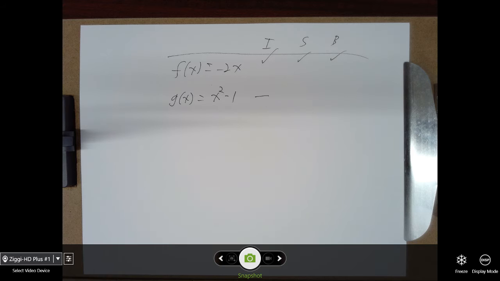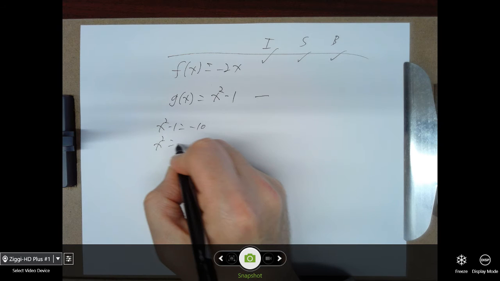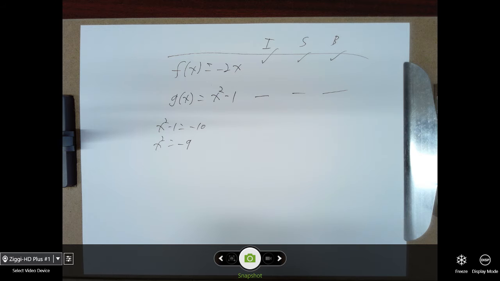It's a parabola, which means it's got either a lower point below which there's nothing or an upper point above which there's nothing. So it's going to fail to be surjective. This is an upward parabola, so for negative 10, there's no solution to x squared minus 1 equals negative 10 because that means x squared equals negative 9, and that's only got complex solutions. So it's not surjective and it's not bijective.